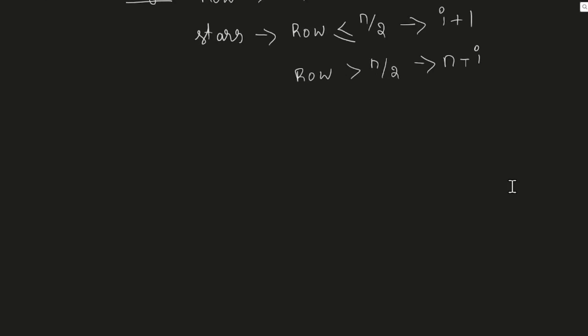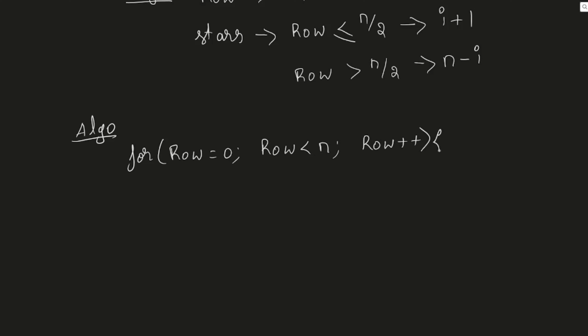Let me write down an algorithm for this. For row starts from 0, goes till n, row plus plus. Here we need to have an if condition to check whether the row is lesser than or equal to n by 2 or greater than or equal to n by 2.